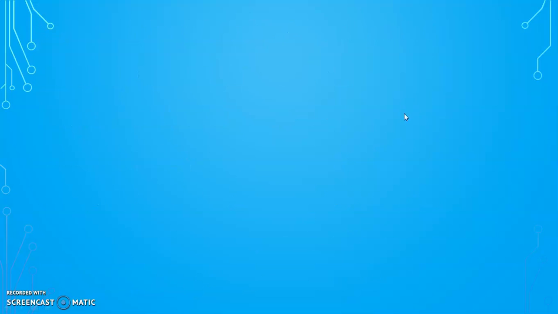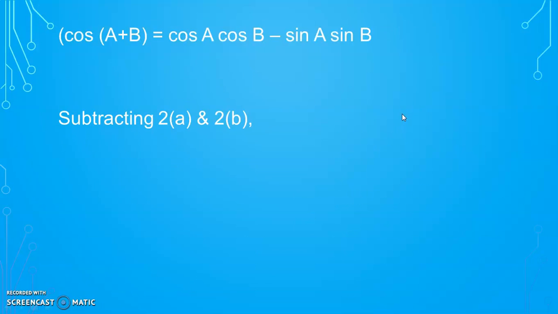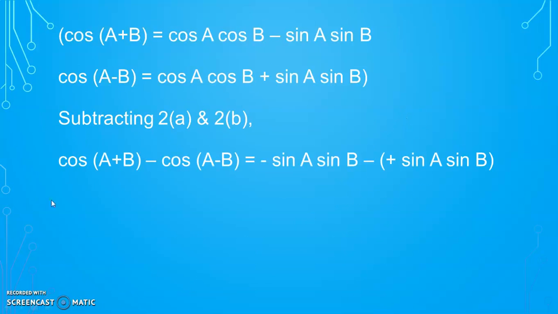Then we subtract 2a and 2b respectively. If we subtract, cos(A+B) minus cos(A−B) will be written as minus sin A sin B minus of plus sin A sin B. Here the cos A cos B terms get cancelled.